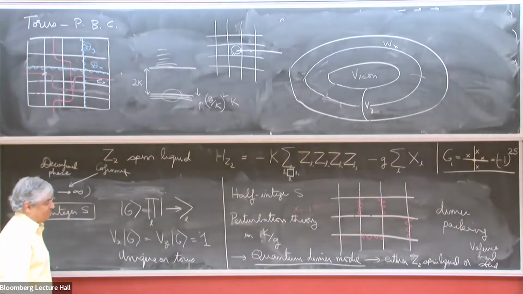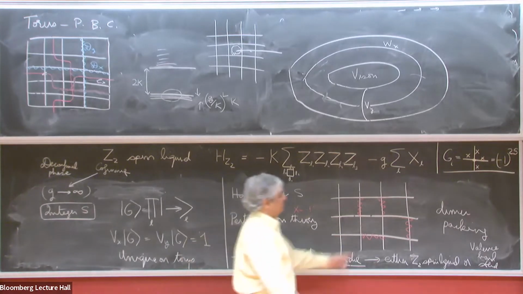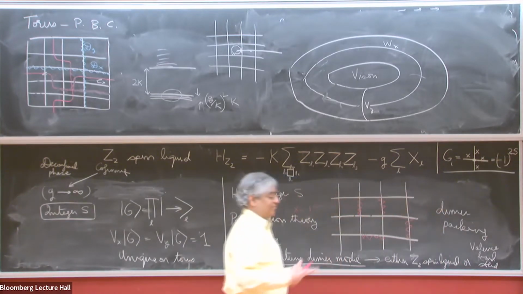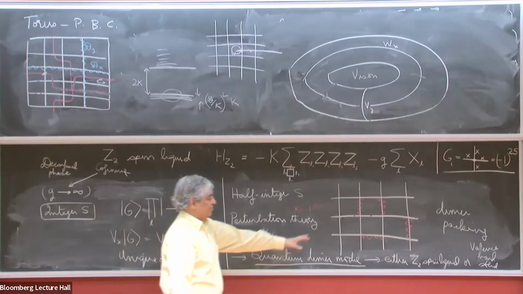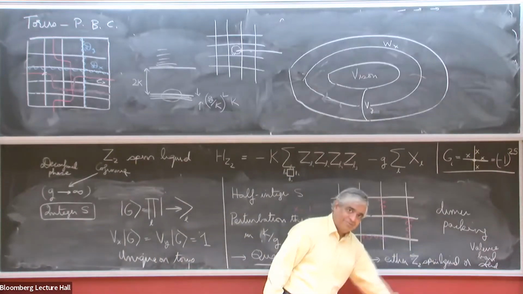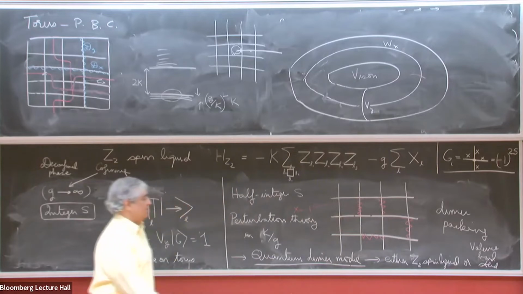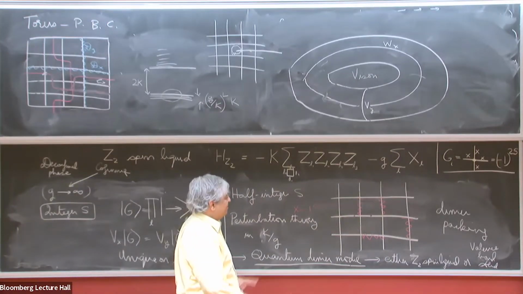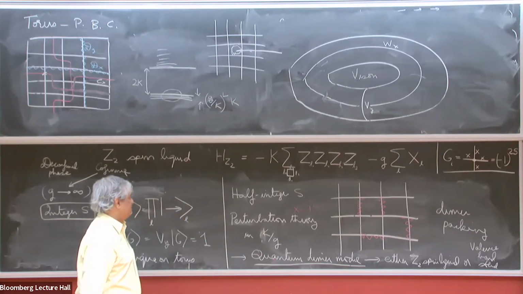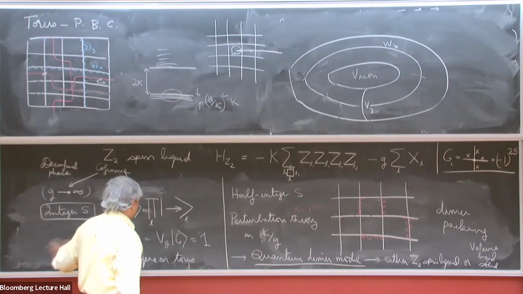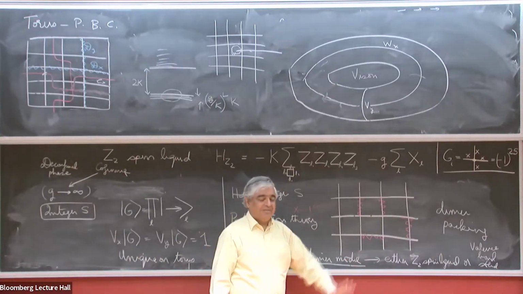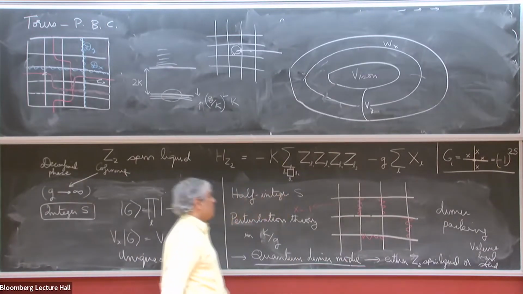And so when you have this Vesumino-like term here, it leads to deconfinement. It can also give you a spin liquid all the way up to g equals infinity. So the topological degeneracy, for example, on the triangle lattice, it's believed that at least for a certain range of parameters, you can go all the way from g equals 0 to g equals infinity and always be in the spin liquid phase.